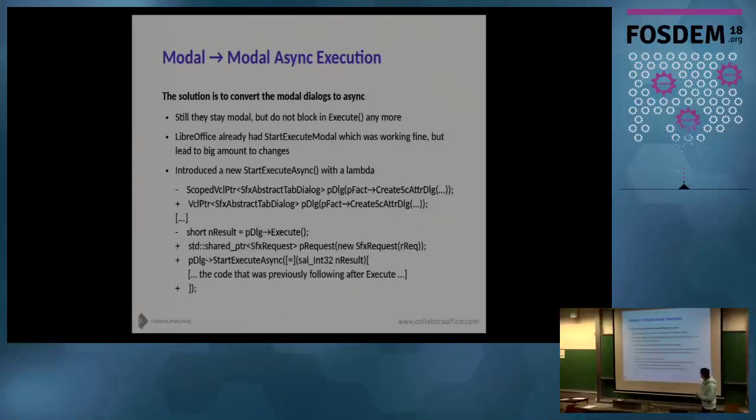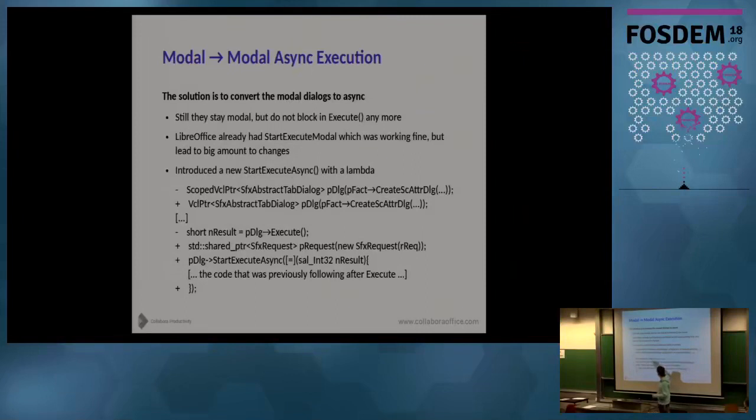So now, what is normally necessary to convert a dialog from execute to async execute is that you create a dialog, not a scoped VCL pointer but a normal VCL pointer, because start execute async will later take care of destroying the dialog.